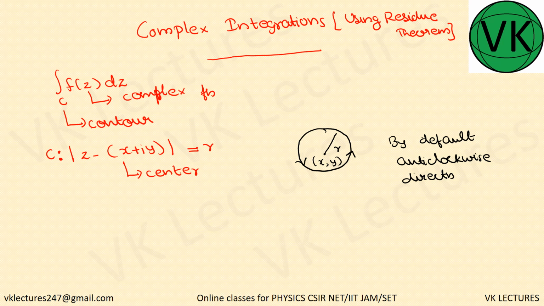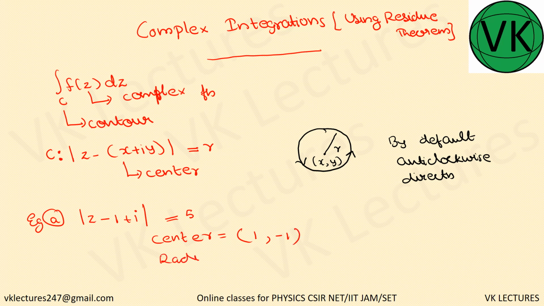So for example, |z - (1 - i)| = 5, which means the center of that circle is (1, -1) and the radius is equal to 5.